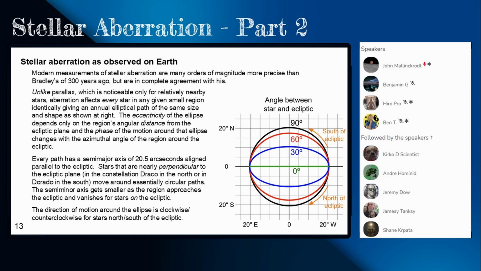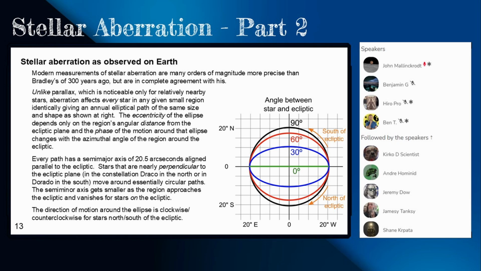So stars at 90 degrees to the ecliptic go around that black circle. The stars at the southern ecliptic pole execute counterclockwise motion around that circle, and stars at the northern ecliptic pole execute clockwise direction around that circle.